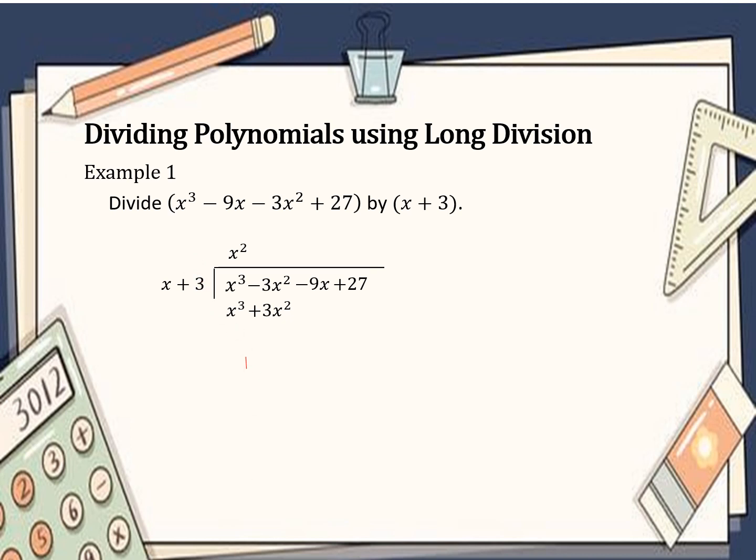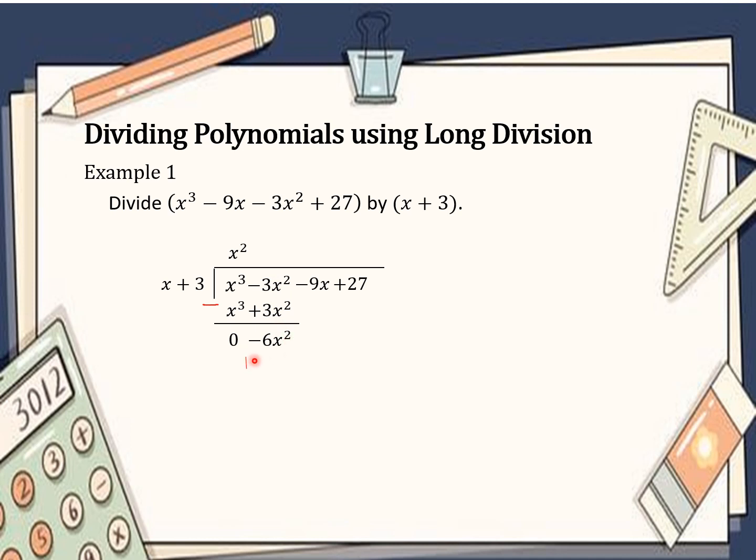Next, you will subtract. By subtraction, you have x cubed minus x cubed is 0, and negative 3x squared minus 3x squared is negative 6x squared. Remember the rule in subtracting algebraic expressions or signed numbers.